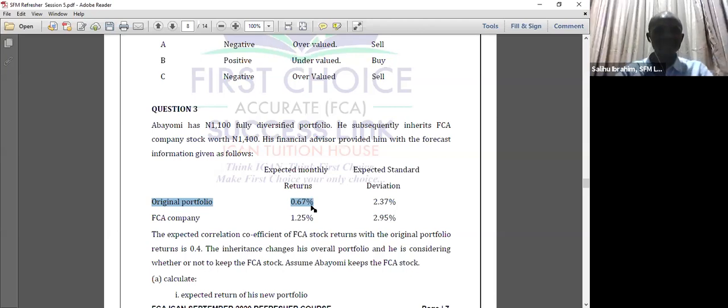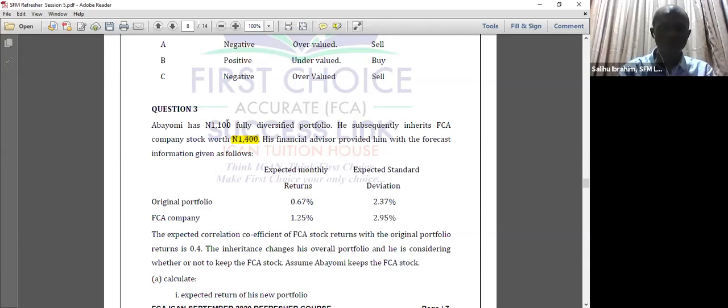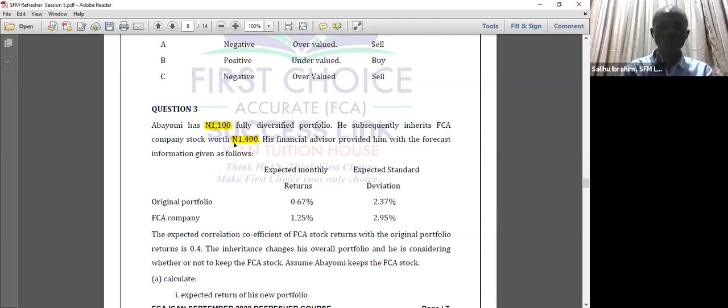And what is the value of the FCA stock? 1,400. And the value of Abayomi's current portfolio is 1,100.